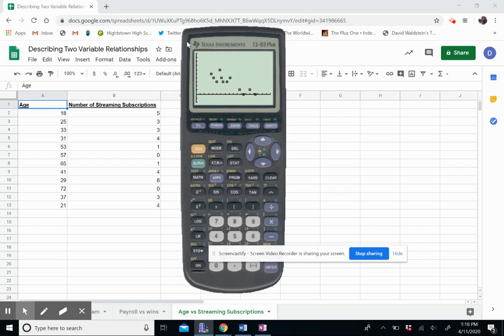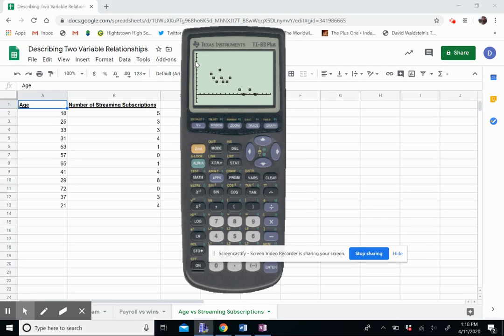What we can see here is our direction is clearly negative. What that means is as the age goes up, the number of streaming subscriptions goes down. So this is going to be a negative association. Then for outliers, I don't really think there are any, because your line would probably go about here, so I'd say that there are no outliers.